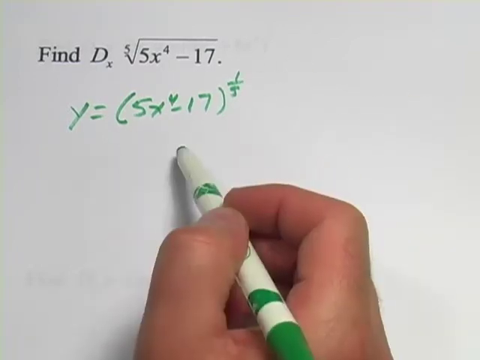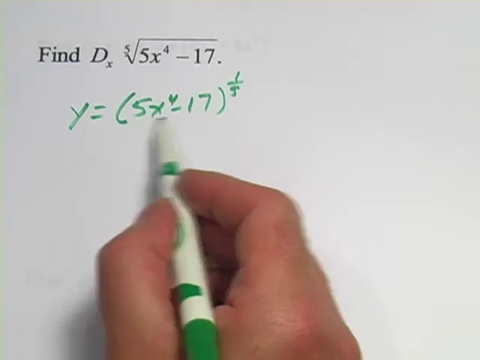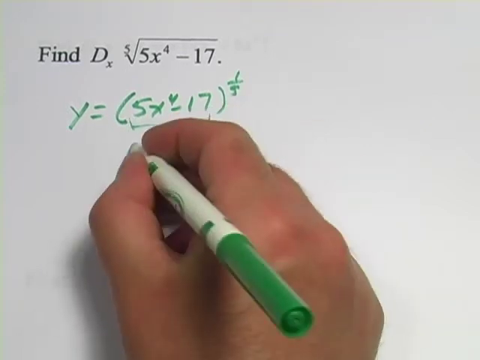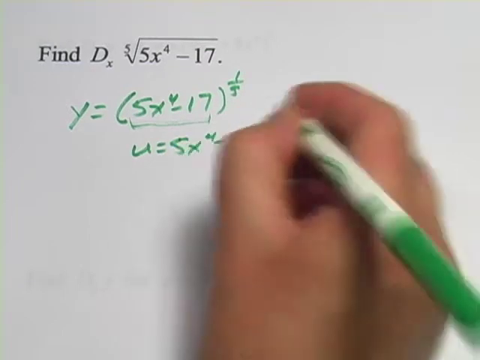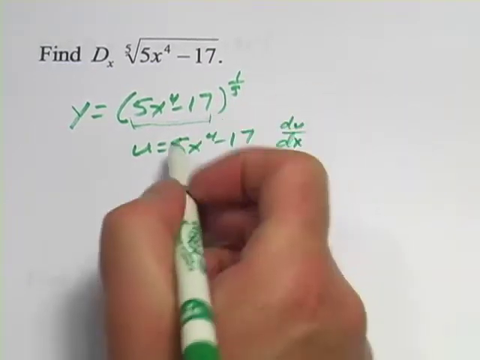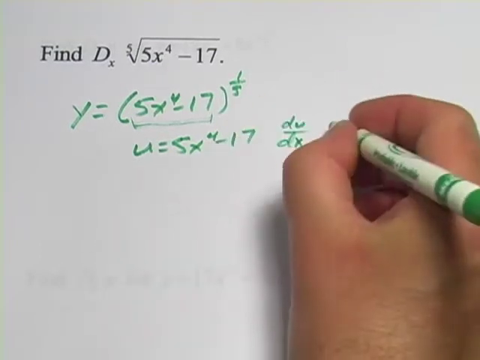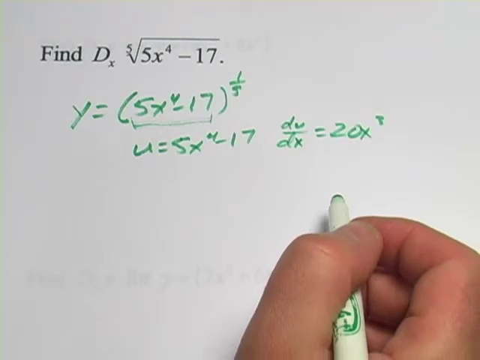So now this looks like something we could do with the chain rule. So we'll call u this stuff inside. U equals 5x to the fourth minus 17. And let's find du dx while we're at it by taking the derivative of this. So that's 20x to the third, and that 17 just disappears, so that's fine.